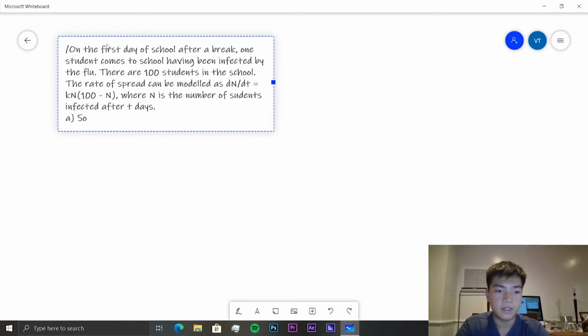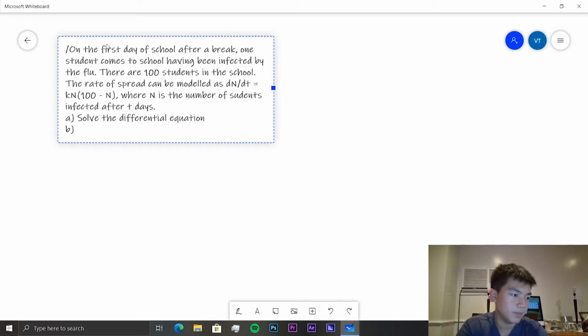First, solve the differential equation. It says show that the solution equals something.